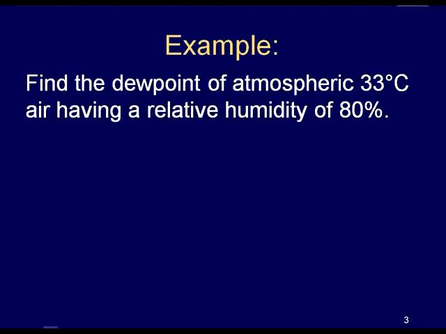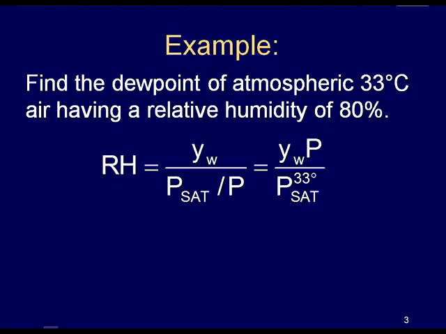Suppose I want you to find the dew point of atmospheric 33 degree air, and we're in metric units, having a relative humidity of 80%. Well, relative is relative to saturation, and you recall that relative humidity was the partial pressure of the water in the air divided by the partial pressure of the water in the air if it were saturated.